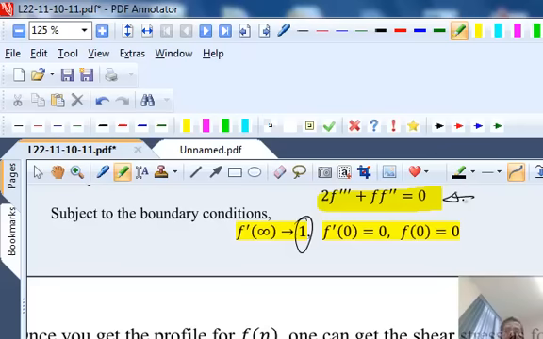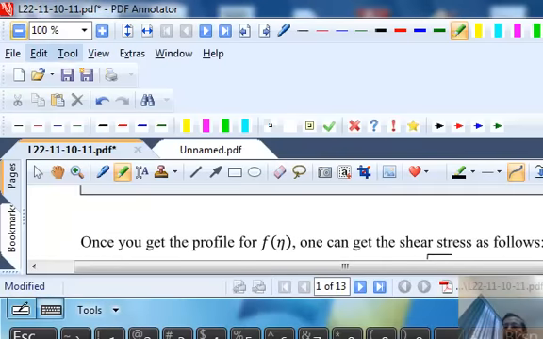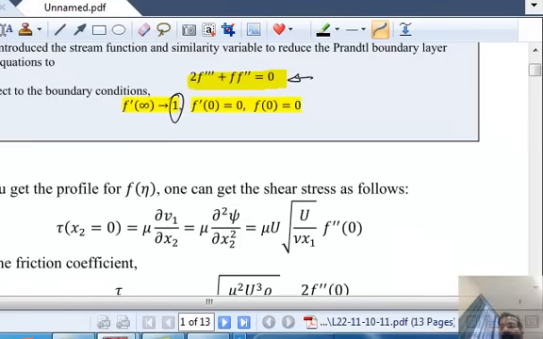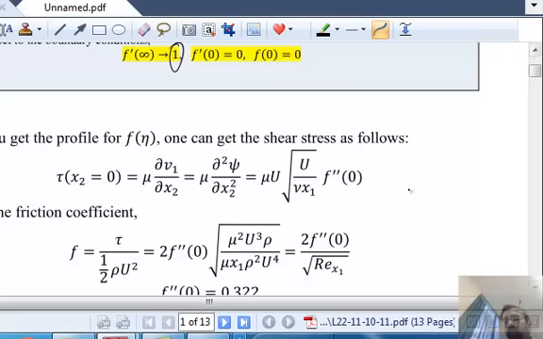Okay? So the first thing that we want to do is measure the shear stress, okay, at the wall. So remember, we are still solving the boundary layer over a flat plate, and we want to calculate at a given point what is the shear stress at the wall.